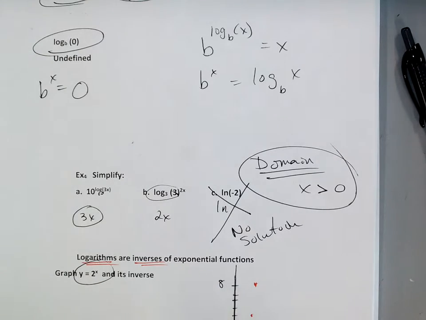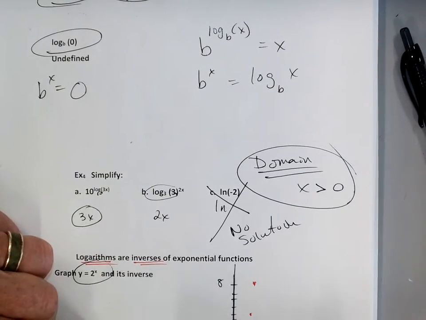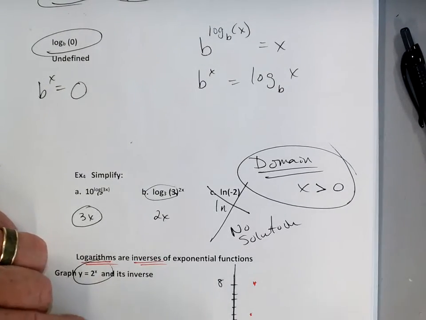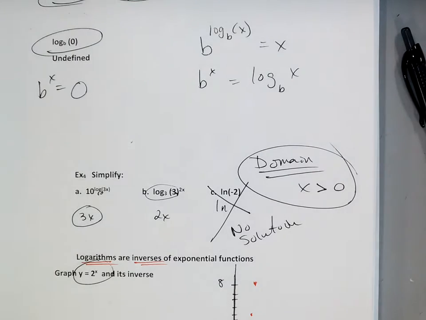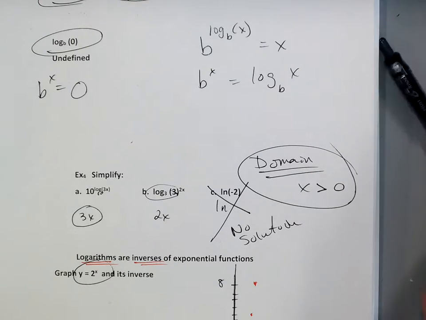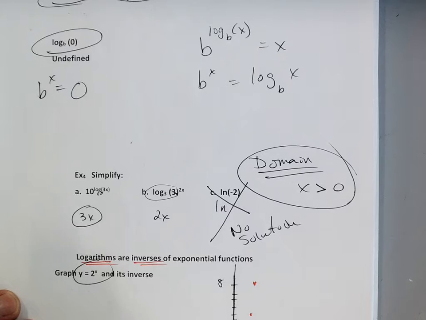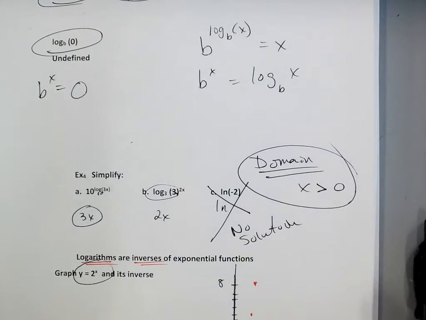Now what we notice is this. Super important. We talked about this on Friday, and that is there is a horizontal asymptote here. There's a horizontal asymptote at y equals 0. Now, when you reverse all those points, check it out, because it's an inverse.